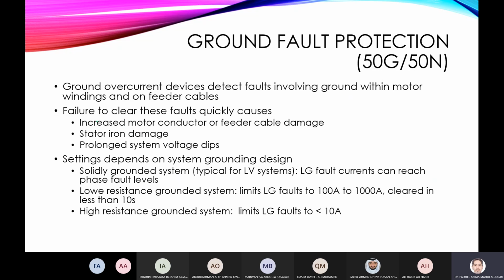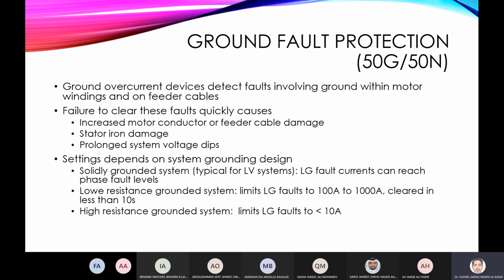Failure to clear those faults also results in the same damage that I have mentioned. Settings depend on the grounding system design now, because as I said in the beginning, the grounding system affects the settings, and this is what I'll show now.